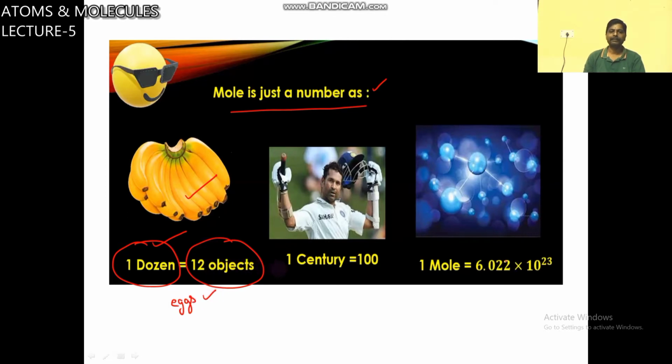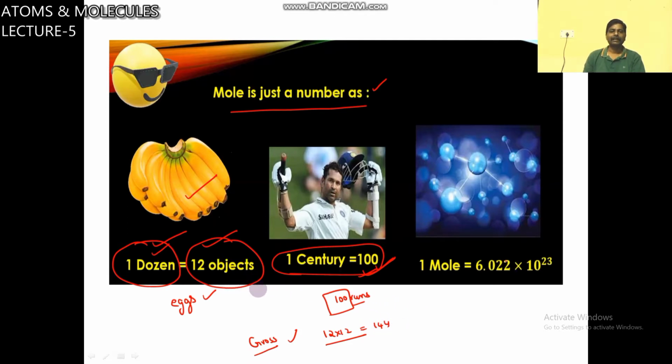Like that, 1 century means 100, like 100 runs. Per 100, we use century. For 12 objects, we use dozen. 12 into 12 is 144; for 12 dozens, one notation, gross.